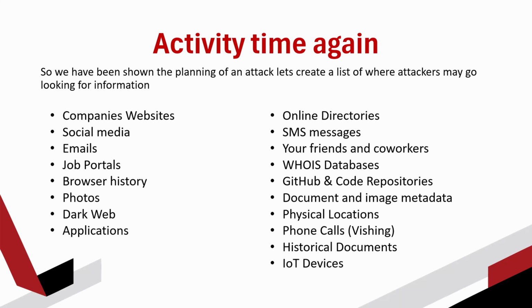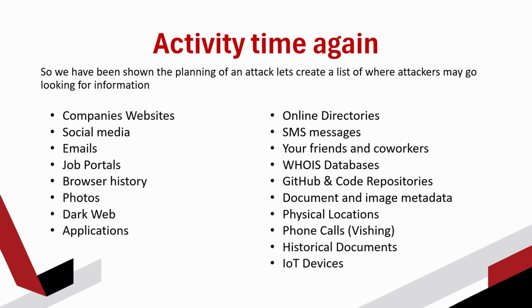Job portals, browser history, photos, dark web, applications, online directories, text messages, your friends and coworkers are a great resource of information about you, especially late at night at a bar.